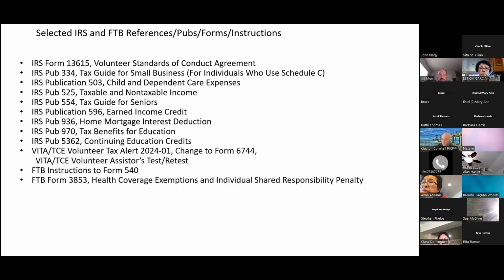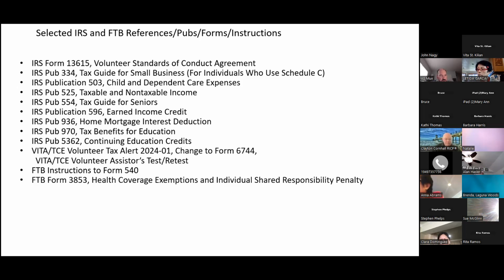And that's where you get that child and dependent care expense credit. A dependent could be someone, maybe not a child, who has some type of mental or physical disability, and you're in charge of caring for them. You can still get some type of non-refundable credit.